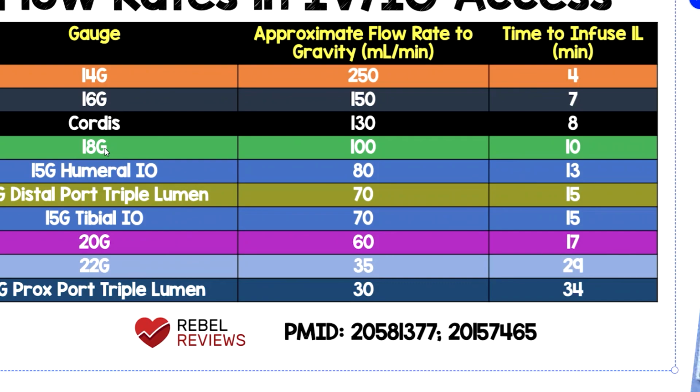We can get the volume that we might need for an appropriate fluid bolus. A 16 is even better. 16 gauge would be the standard for a traumatic patient, involved in a trauma. We're going to be giving large quantities of fluid or even blood. The 16 gauge would be an appropriate angiocath for that scenario.